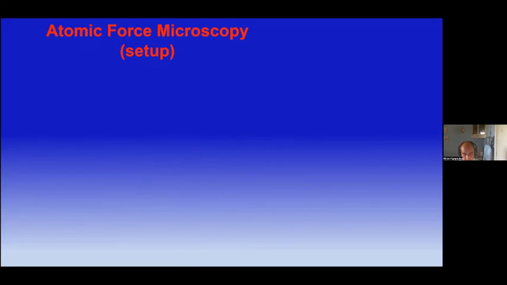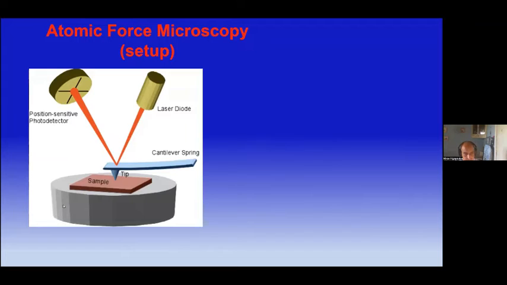If we focus more on the setup, we can see the sample, the tip, about the size of a nanometer, a cantilever spring, and a sensing mechanism which is composed of a laser diode and a position-sensitive photo detector. The detection of tip-sample force interaction is through the cantilever bending following Hooke's law.